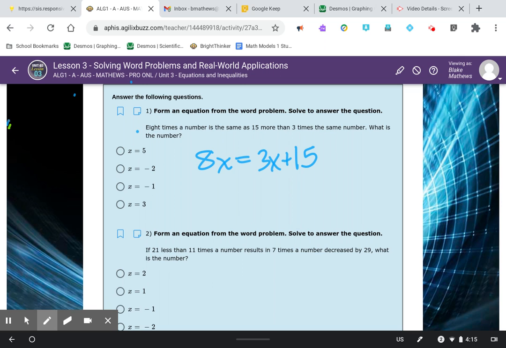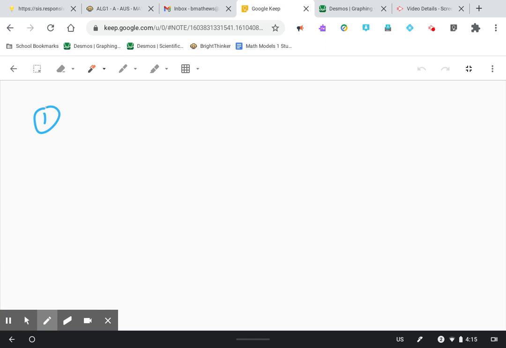So you can see how I did that. 8 times means it's going to be 8 times x. 15 more means it's going to be plus 15. And 3 times means we're going to have a 3x. When you put that all together, this is the equation you get. So for number 1, your equation is 8x equals 3x plus 15.